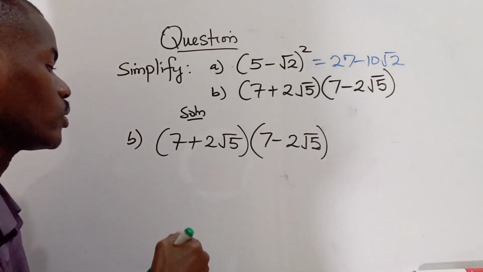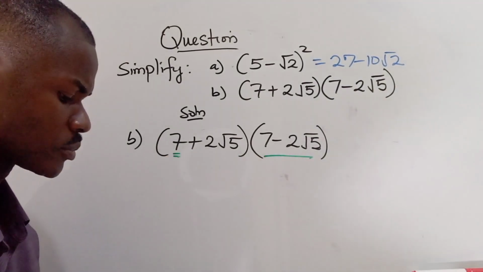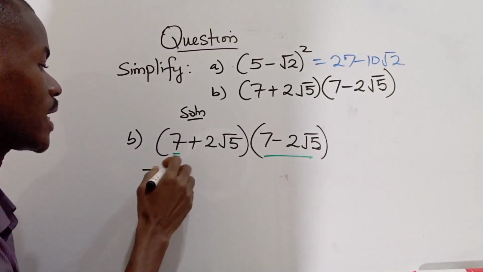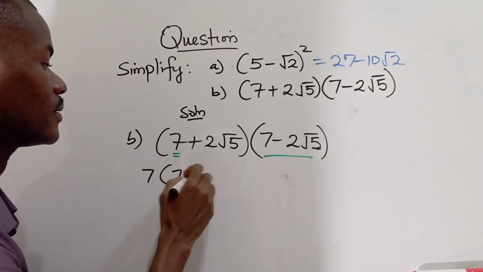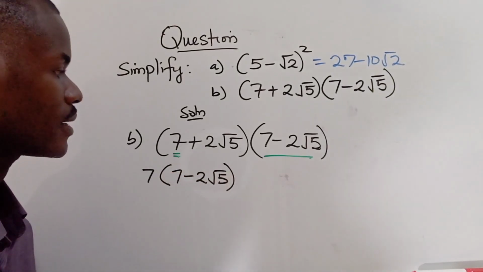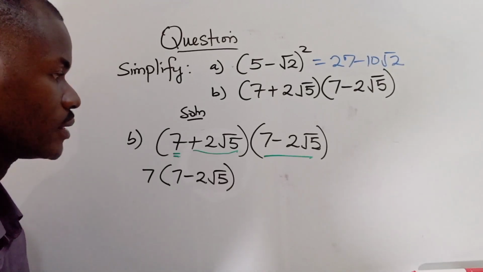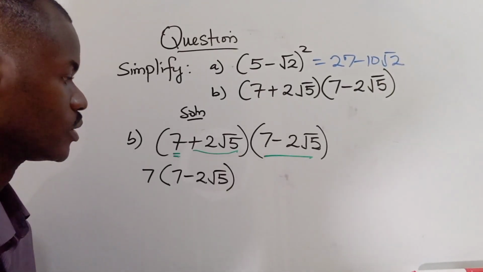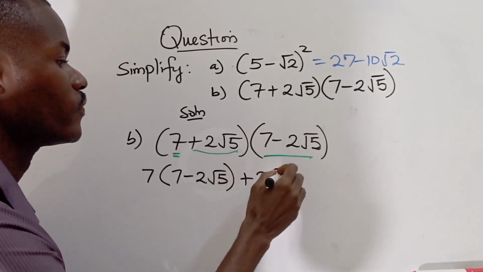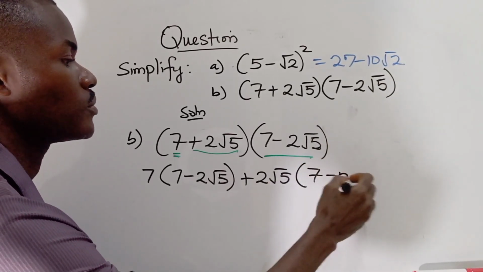First of all, I want to use the 7 to multiply all these, so I'll open a bracket and write this. Next, I want to use plus 2 root 5 to multiply the whole of these brackets.